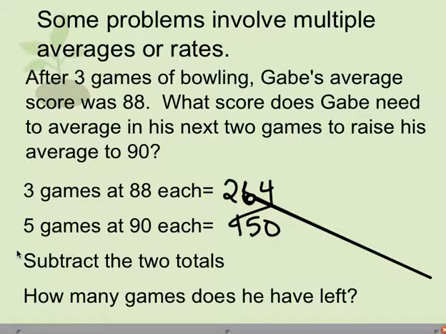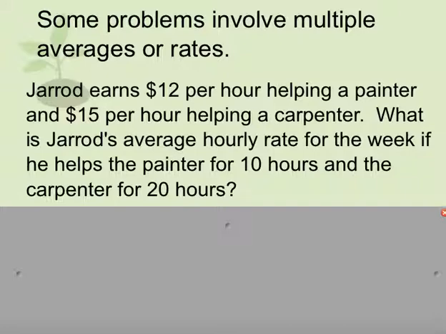So we need to subtract the 2 totals, 450 minus 264, in order to see that he needs 186 more points in the next 2 games in order to raise his score. How many games does he have left? Well, he has 2, which means that we divide by 2, and in each of them we need 93 points. So he needs to raise it a little bit to get his average to that 90. Okay, I'm just going to do a couple more and that's it.